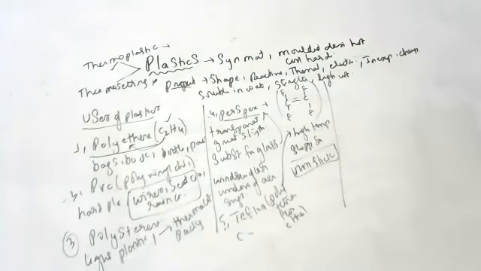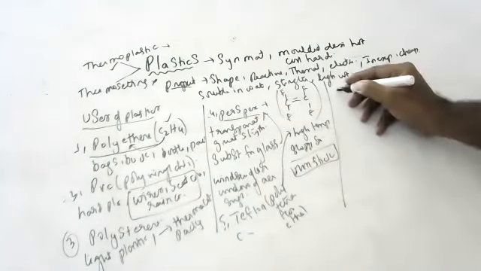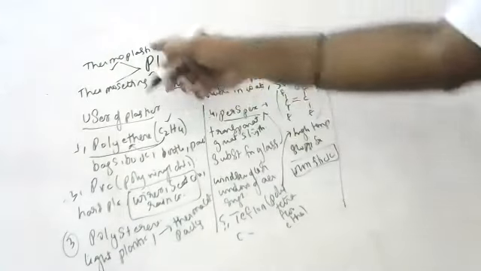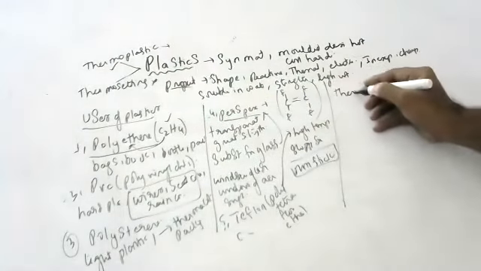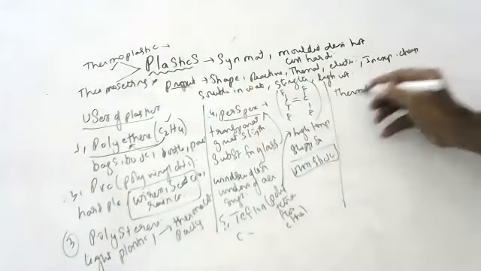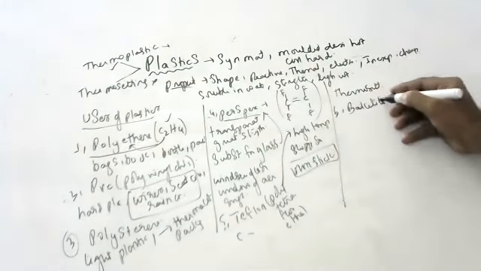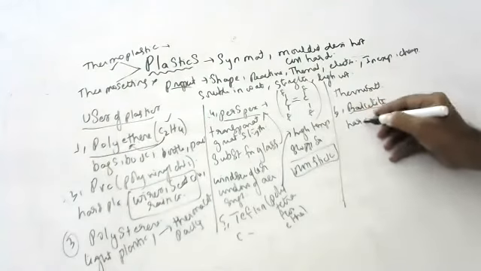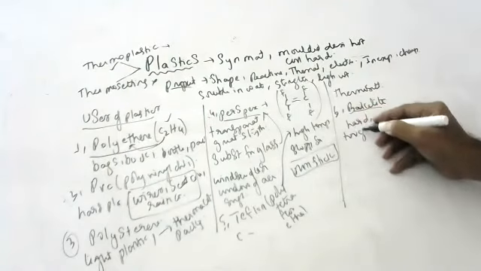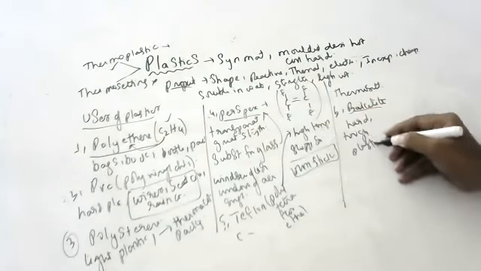Now, the most common thermosetting plastics. These were thermoplastics, now thermosetting plastics. Yesterday I told you about bakelite. What is bakelite, children? It is a very, very hard and tough plastic.